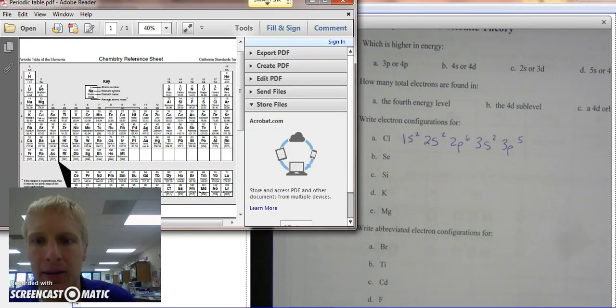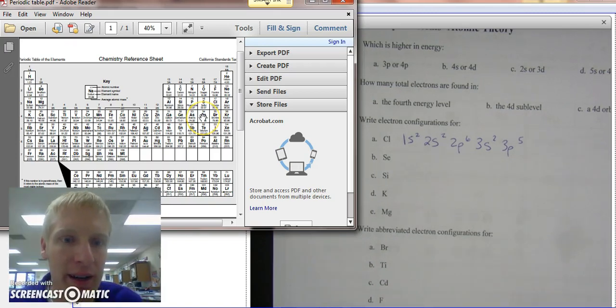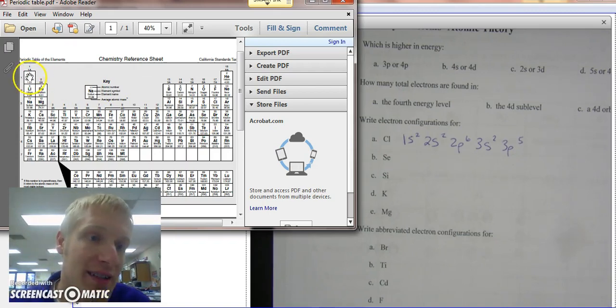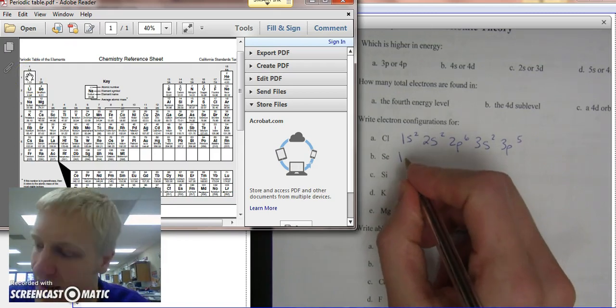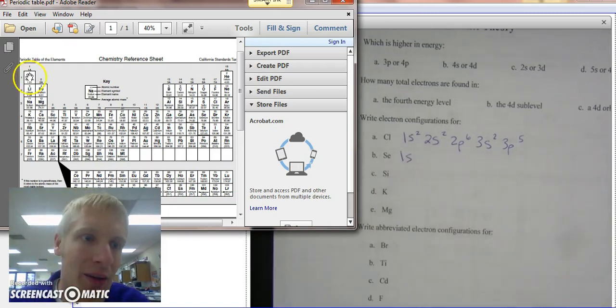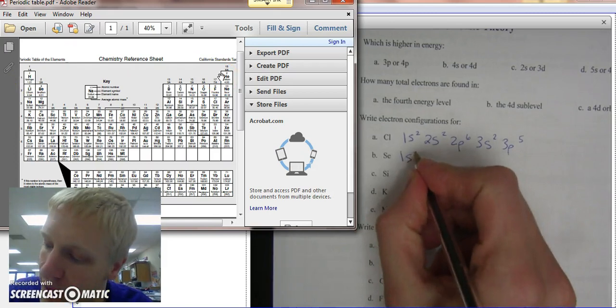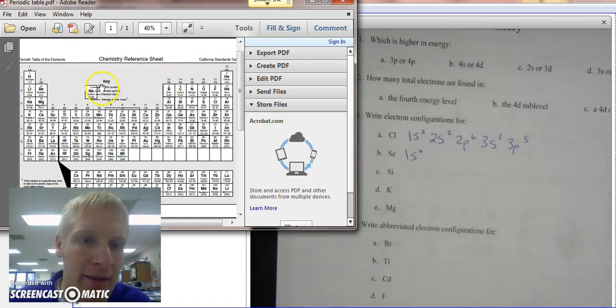Next, selenium is right over here, so that means we have to again do the Aufbau Principle and start with hydrogen. So hydrogen is in the first row, it's in the S section, so 1s1, 2, and it's filled up. So I keep on going, I haven't hit selenium yet.